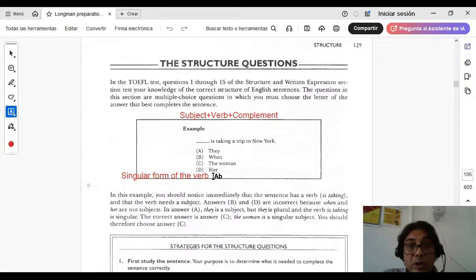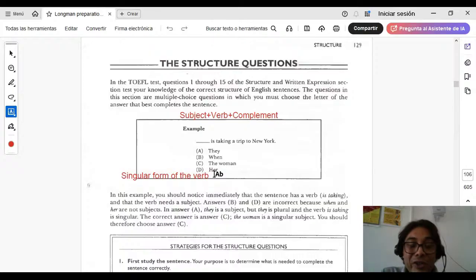So here, by logic, her needs to be accompanied by a noun: her mom, her house, her boyfriend, her dog, her cat, etc. You cannot mix it with a subject pronoun because this is part of a possessive adjective. Then we have when, which could be an adverb, a time word.